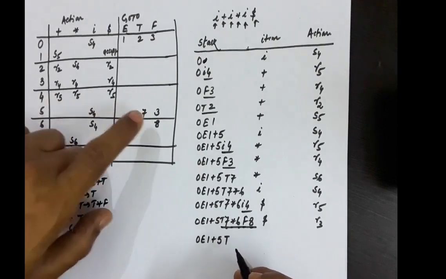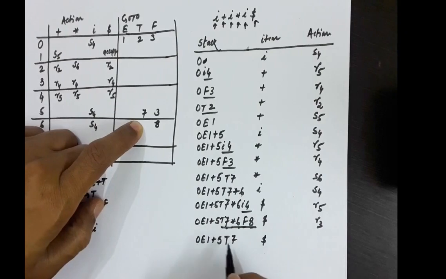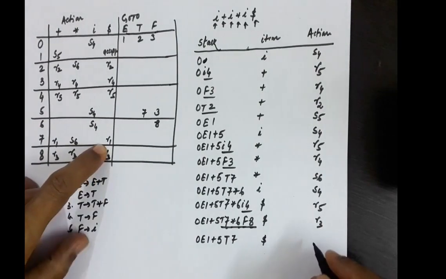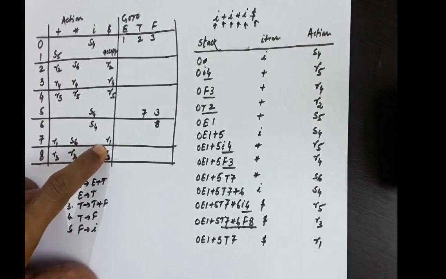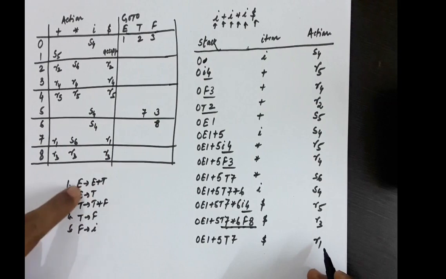So now 5 capital T is 7, and 7 and dollar. 7 and dollar is R1. R1 means reduction with the production number 1. So production number 1 is E produces E plus T. 1, 2, 3, 3 symbols.